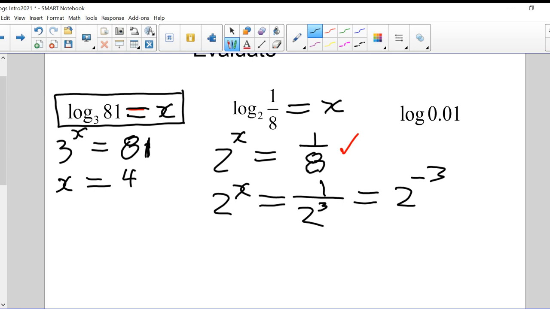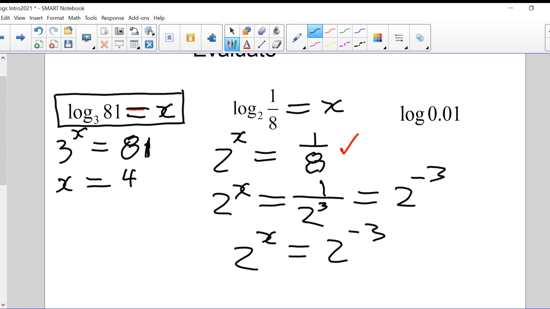Well, if 2 to the power of x is equal to 2 to the minus 3, in fact, let me just bring this up right now because we're going to be solving exponential equations eventually anyway. I'm going to write the statement down here. 2 to the power of x is equal to 2 to the minus 3. Well, this is an equation, this side is equal to this side, right? What's on the left is equal to what's on the right.